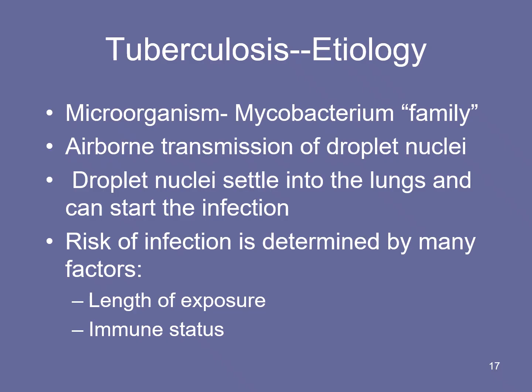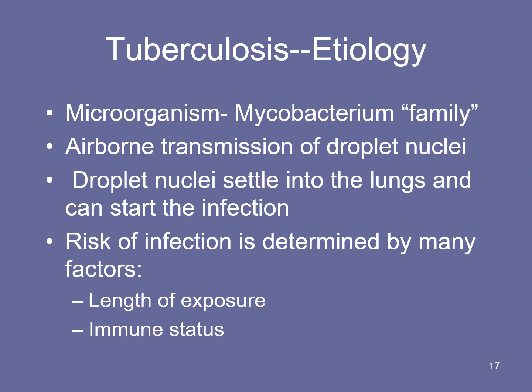In fact, the propensity to develop the actual disease is somewhat dose dependent. The more of those microbes that you inhale, the greater chance that you're going to actually get the disease, versus if you just get a glancing blow with a few droplet nuclei, you may just get TB infection rather than TB disease, which I'll talk about very shortly. Droplet nuclei settle into the lungs and can start the infection.